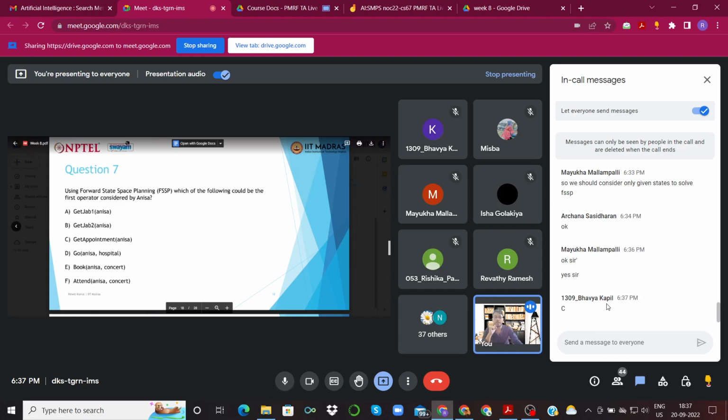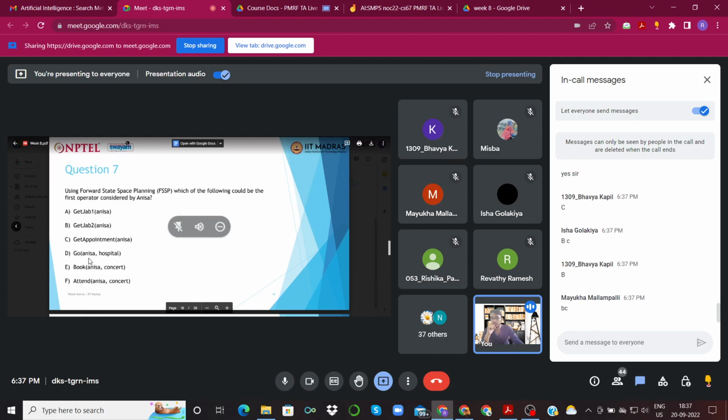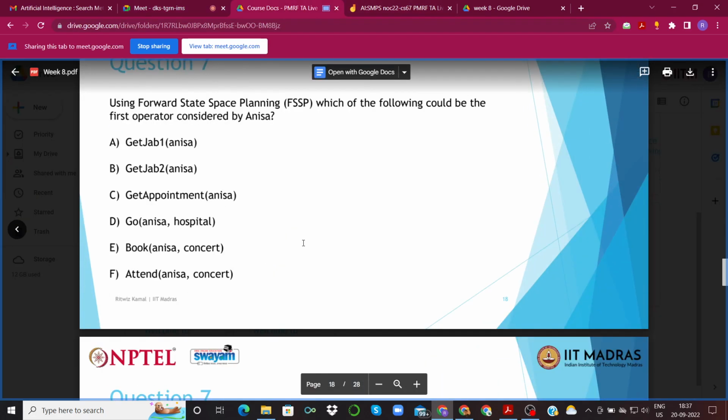Yeah, so Bhavya says that get appointment Anisa is one of the possible options that could be considered. That is true because it does not have any precondition. Some people are saying that go is also, option D is also one of the options. So let's see.